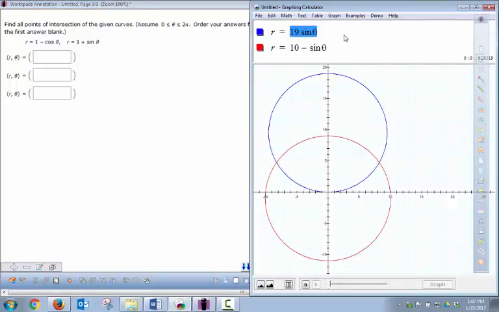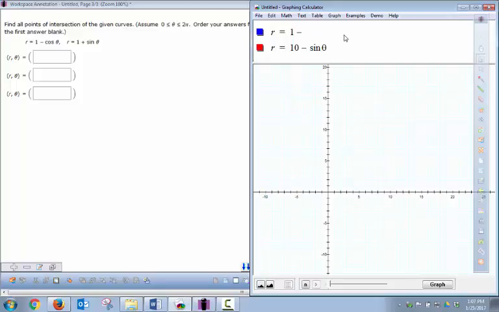So my two functions are 1 minus cosine theta and 1 plus sine theta.